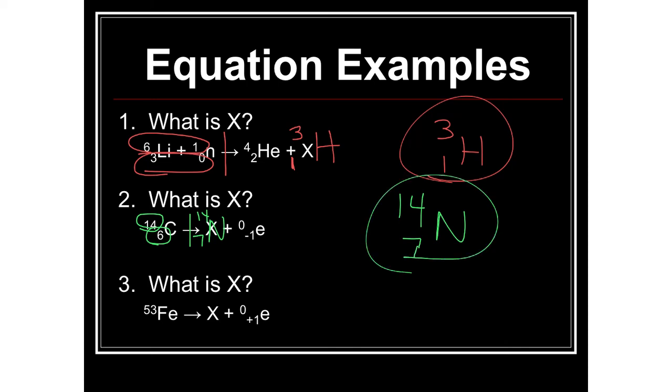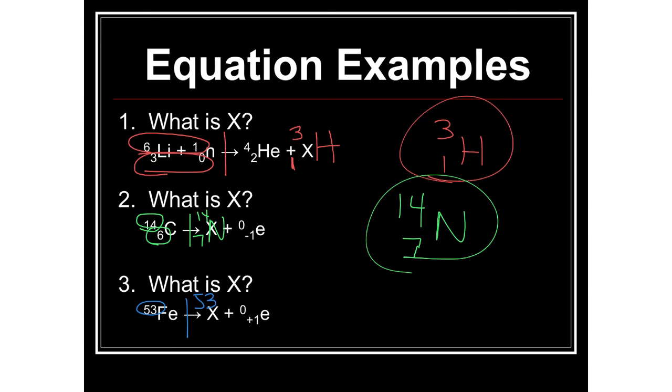All right, last one, cut it in half at the arrow. Mass is 53. We got 0 there, so my missing mass must be 53. Notice they did not fill in a bottom number here, an atomic number. No big deal. Take a look at your periodic table. On your periodic table, find iron.